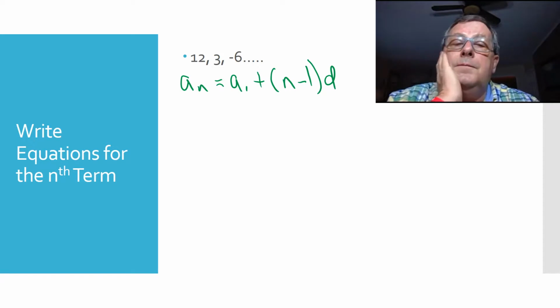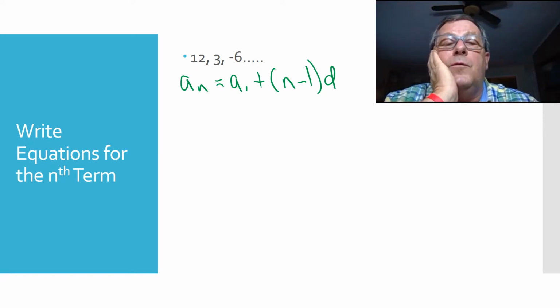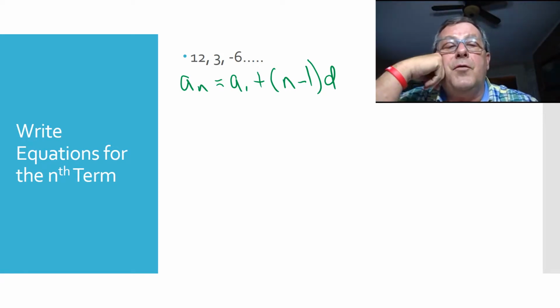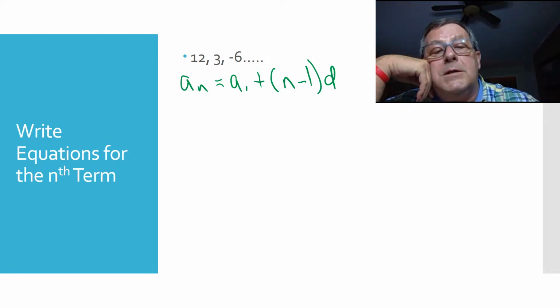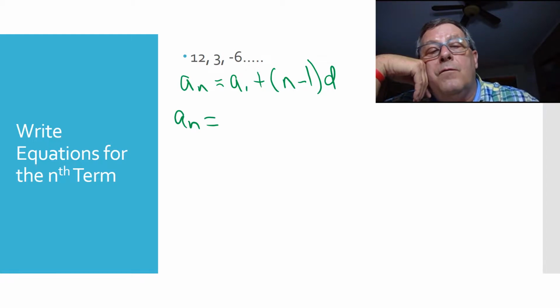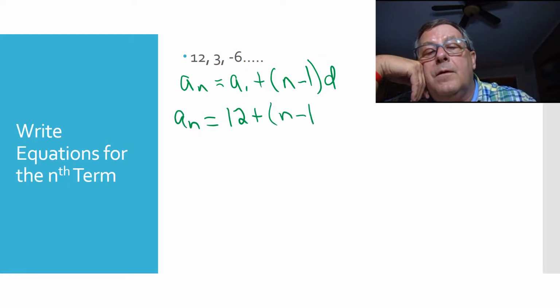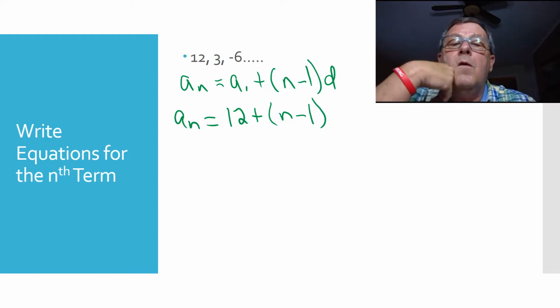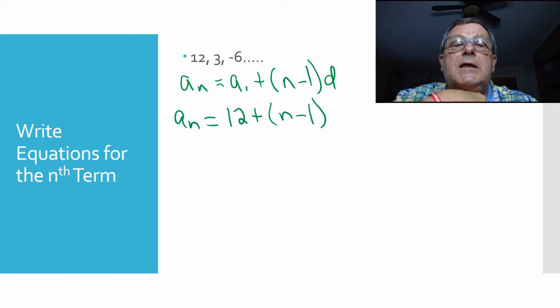Looking at this sequence of numbers, 12, 3, and negative 6, I know what A1 is. A1 is 12, the first number in the sequence, plus n minus 1. I don't know what n is, and I need d. Now, I can figure out what d is.